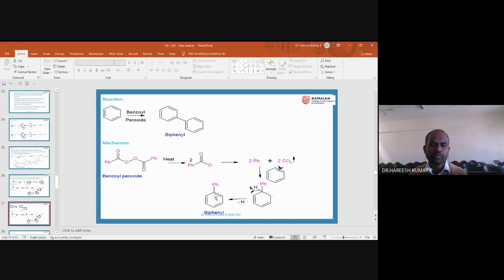So how do you convert a benzene into biphenyl? It is possible by treating with benzoyl peroxide. So with this, I will go to the next slide.